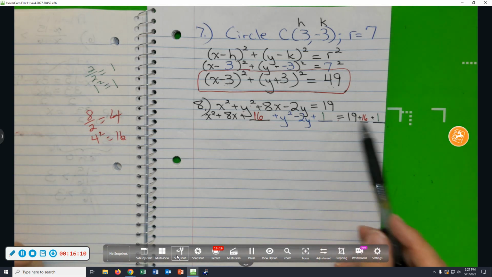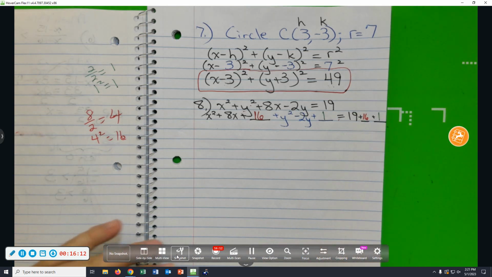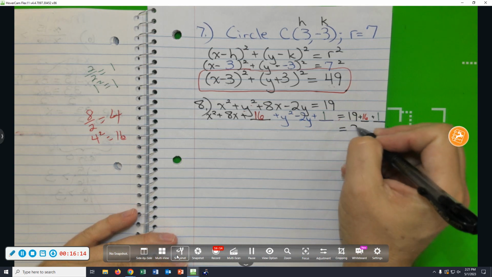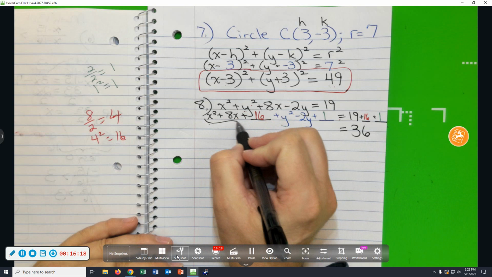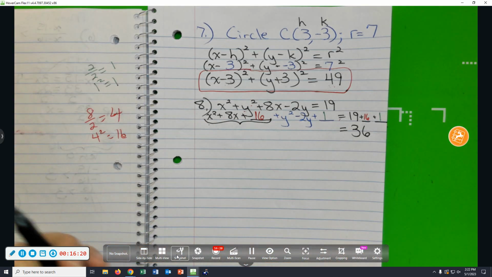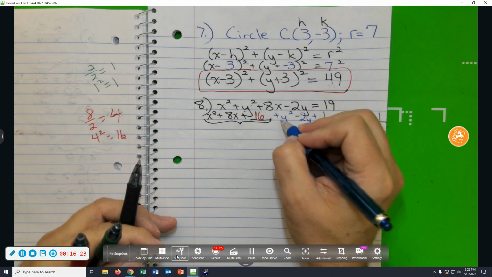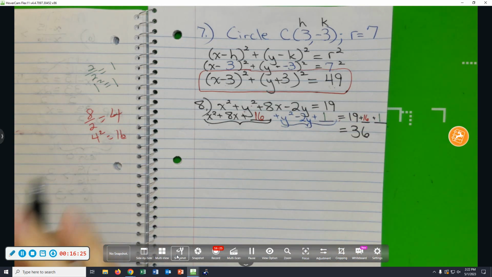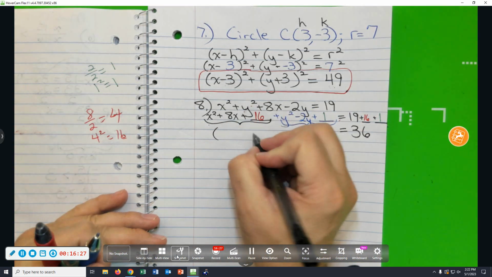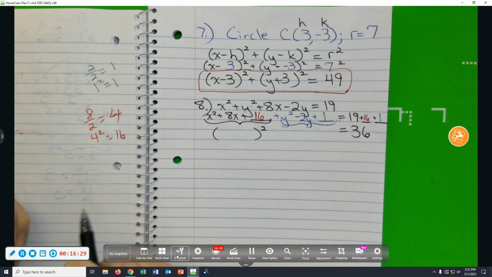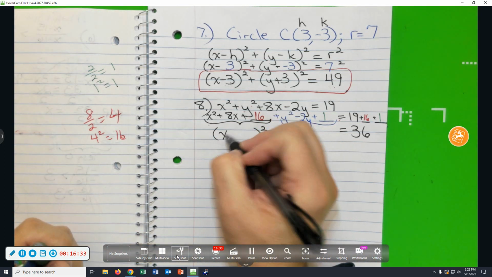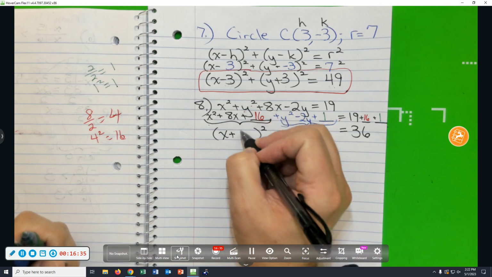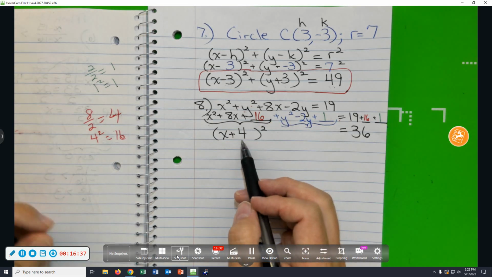Okay, 19 plus 16 plus 1, I agree, that's 36. We need to factor as perfect squares. We should have two perfect square trinomials here. It's the variable, the sign, half of that number. x plus 4 times x plus 4.